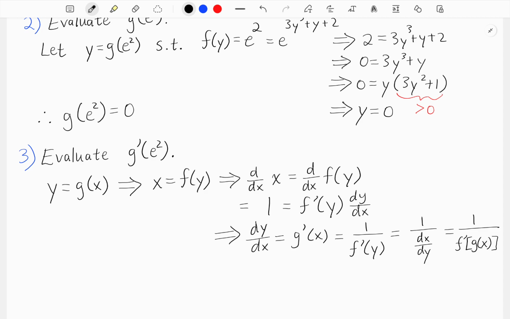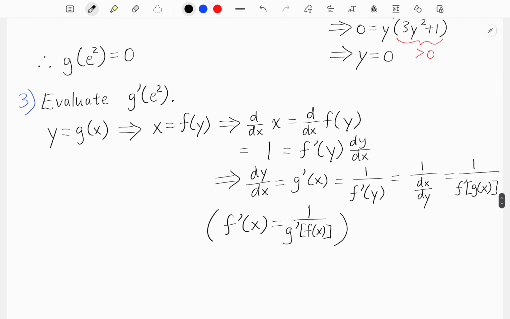Generally, it doesn't matter which way you do it. So we can also replace g with f. So we have f prime of x is equal to 1 divided by g prime of f of x. Okay, so they're inverses of each other. So this will also hold.